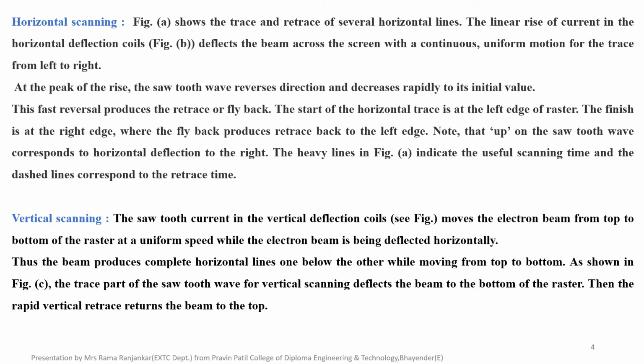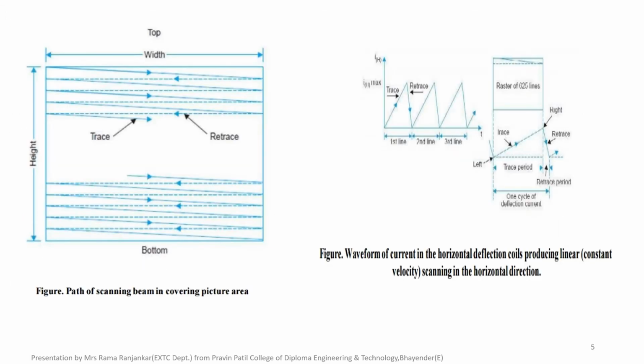Here also the vertical trace and vertical retrace are there. If the beam is moving from top to bottom, the vertical trace is produced, and if it is moving from bottom to top, the vertical retrace is produced. So this is the diagram for horizontal and vertical scanning.